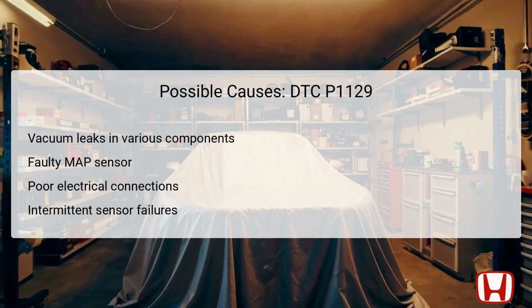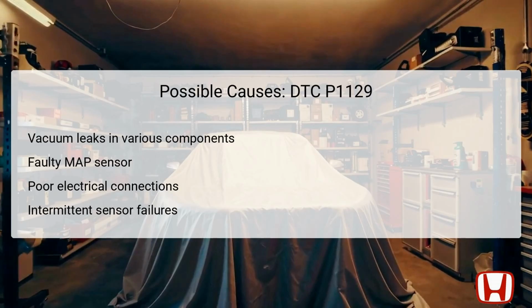The possible causes of DTC P1129 include vacuum leaks in critical components, a faulty MAP sensor, poor electrical connections, and intermittent sensor failures. Vacuum leaks may occur in parts such as the PCV valve, throttle body, or brake booster hose, leading to unexpected pressure readings from the MAP sensor. A faulty MAP sensor itself could provide erroneous high readings, resulting in the DTC being triggered.